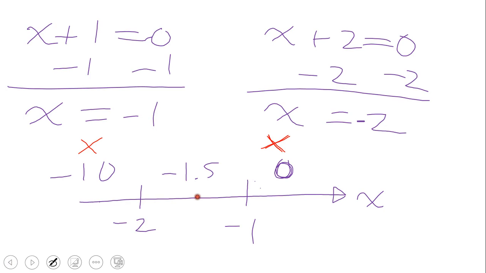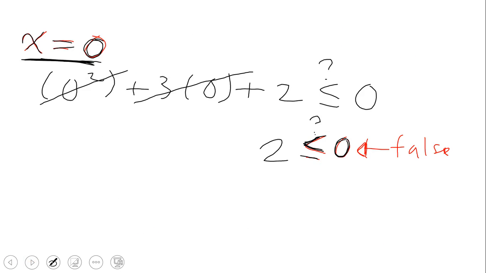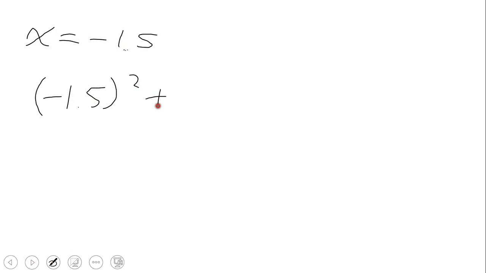So now let's check this middle part. So let's check when x equals negative 1.5. Alright, so x equals negative 1.5. Then we have negative 1.5 squared plus 3 times negative 1.5 plus 2.